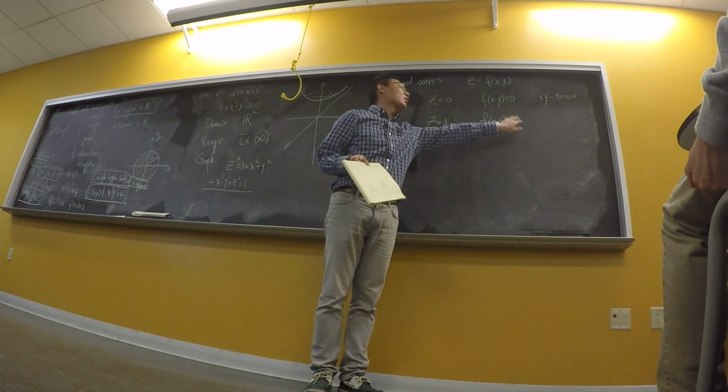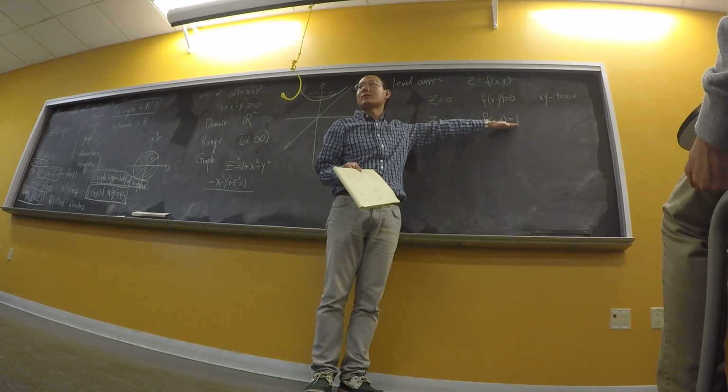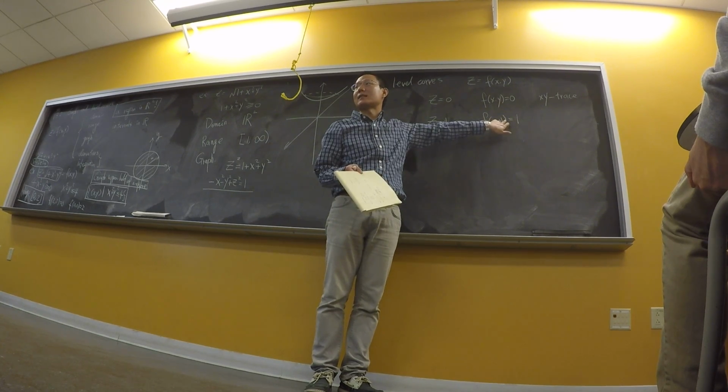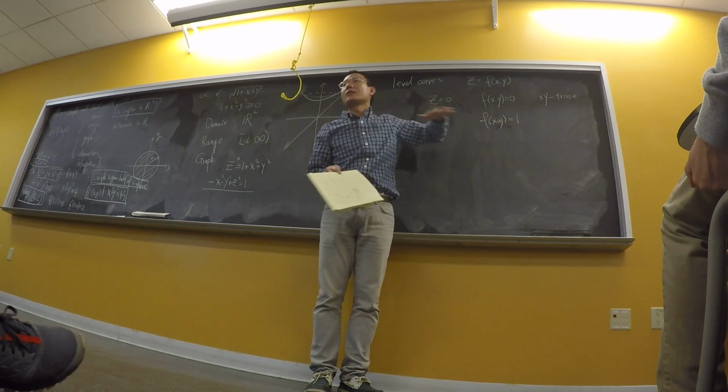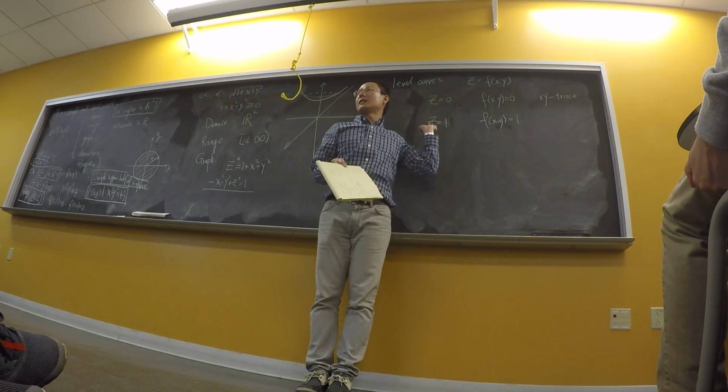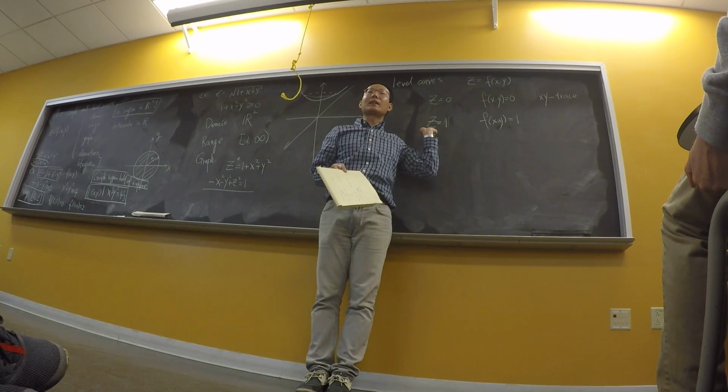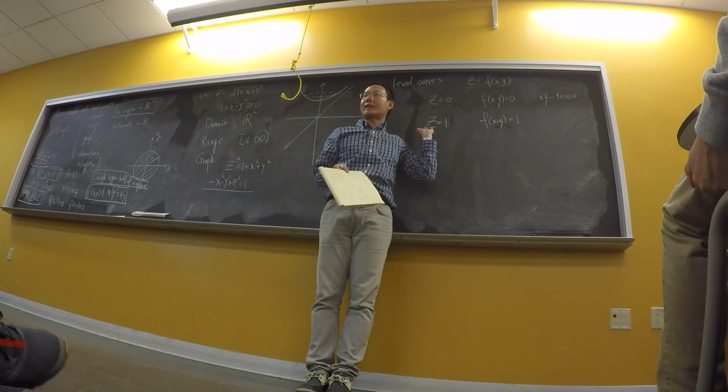f(x, y) equals 1, according to the different formulas, is going to be a curve. Where is this curve and what does it mean? That's the question we asked in Monday's class. You still remember the answer we had? Yes. z equals 1 defines a plane, not the xy plane anymore, but it is parallel to the xy plane.